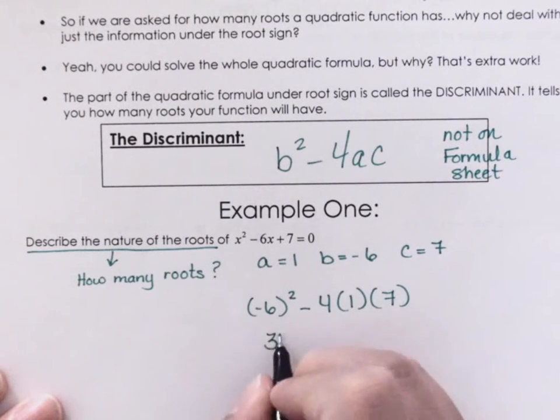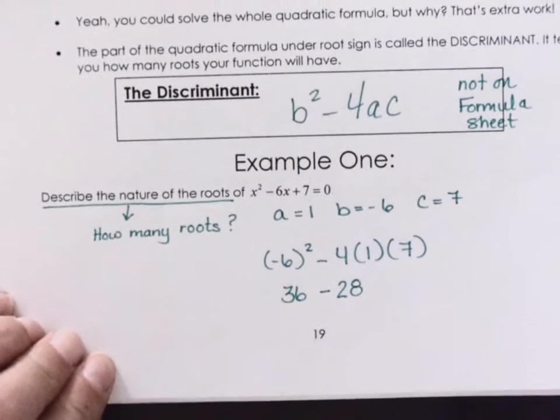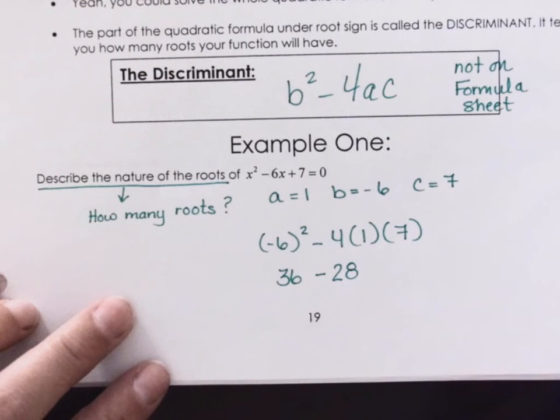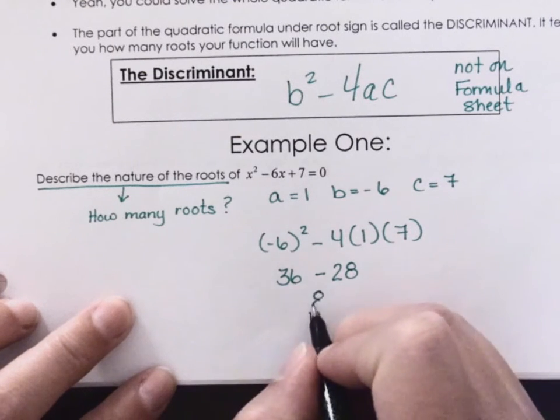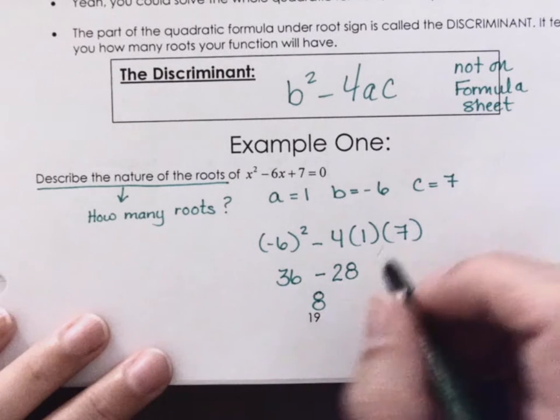So I have 36 minus 28. And what do I get? +8. Do I care about the number? Not really. 8 doesn't mean anything. What's the important part of it? It's that it's positive, right?